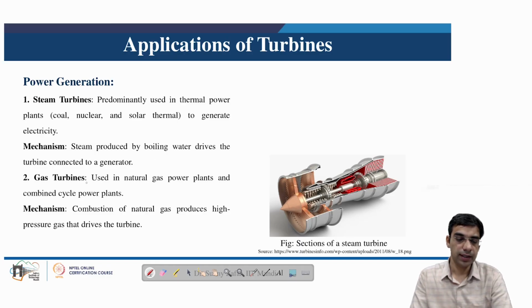The second type of turbines are gas turbines, which are used in natural gas power plants and in combined cycle power plants, where the combustion of natural gas produces high pressure gas that drives the turbine. Here we can see a cut section of the steam turbine, where we can see the high pressure section and the low pressure section.